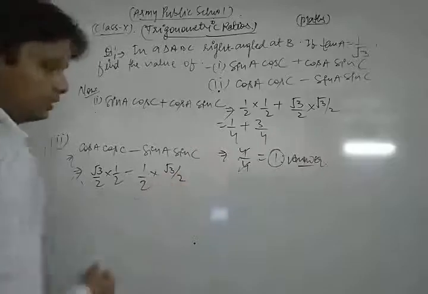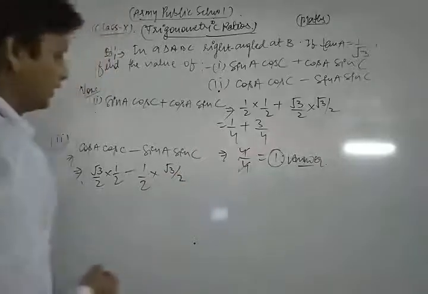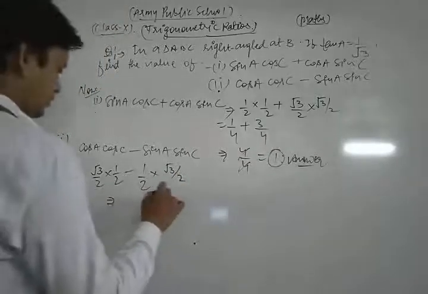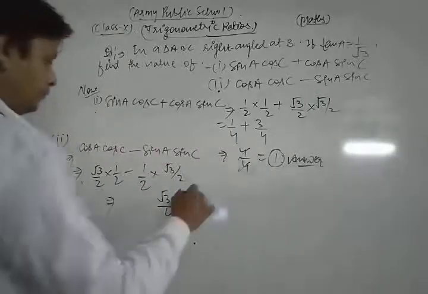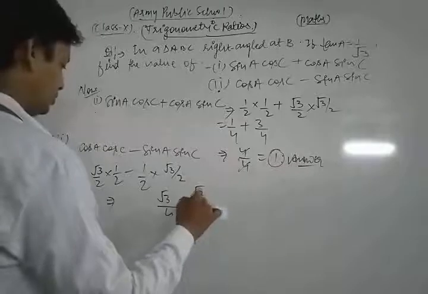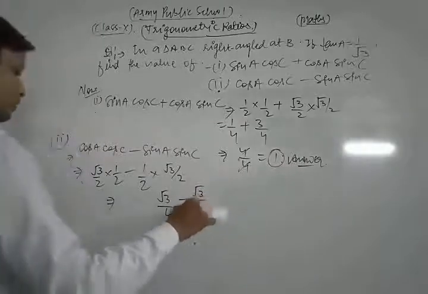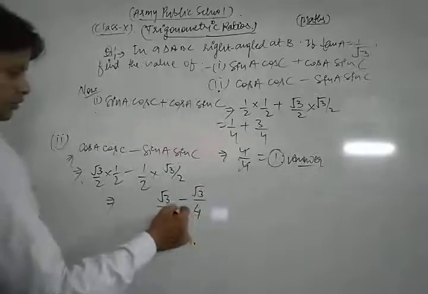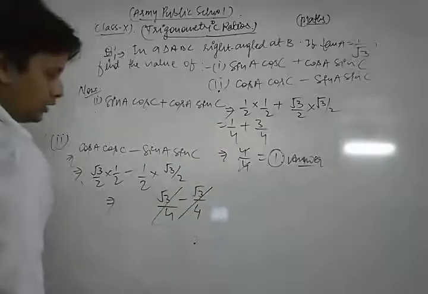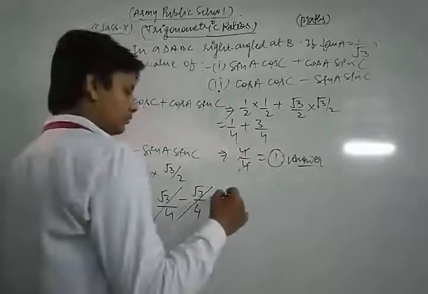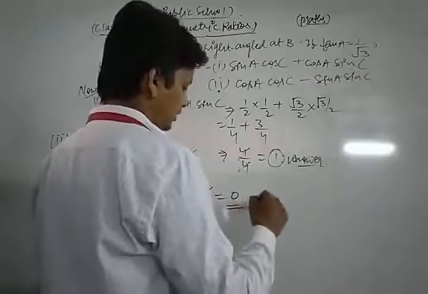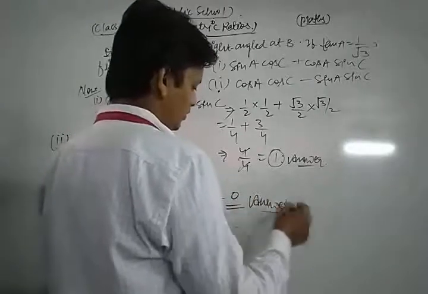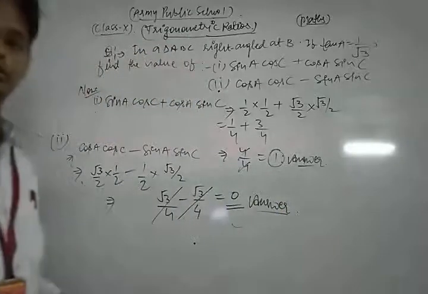Now we simplify them. We get root 3 upon 4 minus root 3 upon 4, they cancel each other, so we get 0. This is the required solution of the given question.